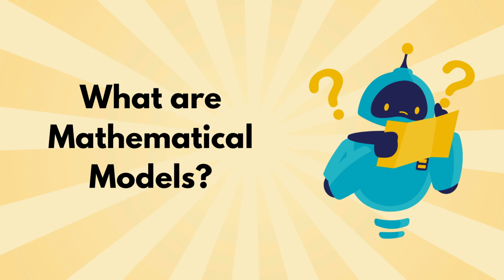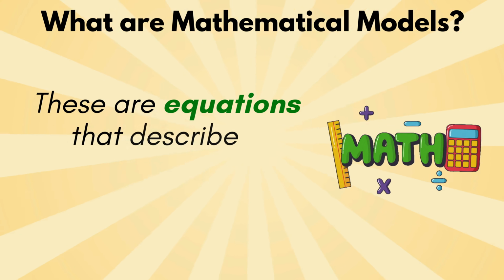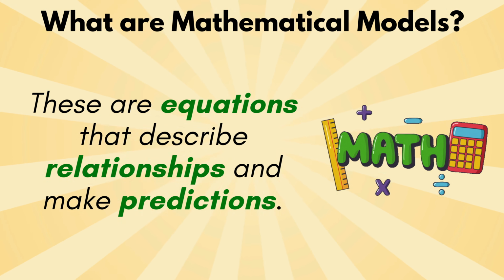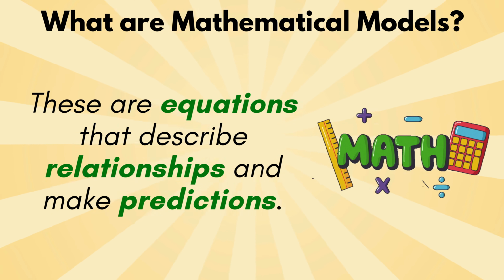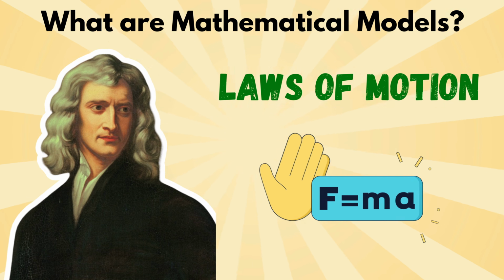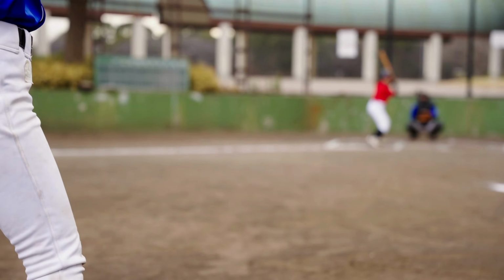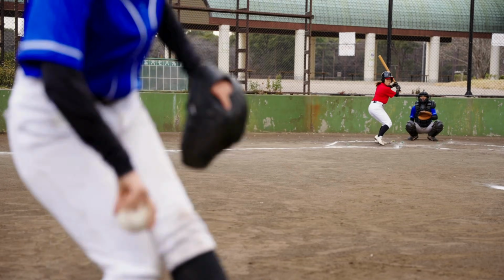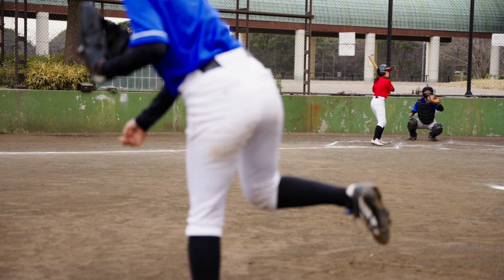The third type is mathematical models. These are equations that describe relationships and make predictions. Newton's laws are a classic example. With a formula, we can predict exactly how a ball will travel when thrown.